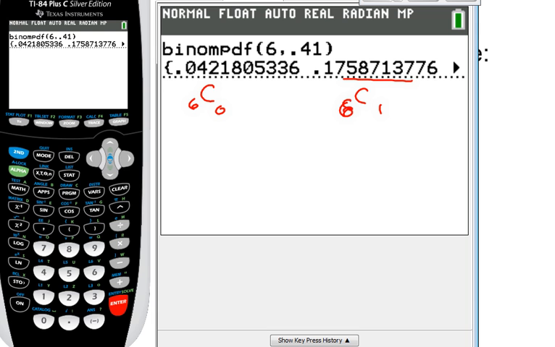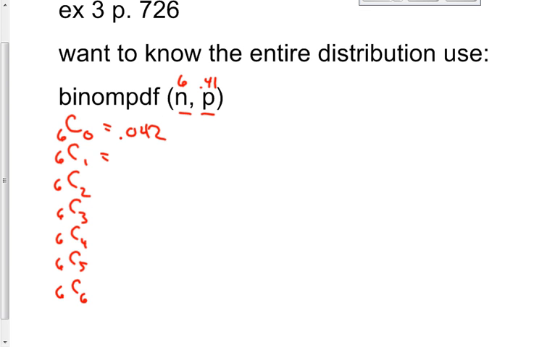If you hit your arrow button, you're going to start moving over to the right and you're going to see your answers. 0.176, the next one 0.306, and so on. 0.283, 0.146, and so on. And you can write down your responses.